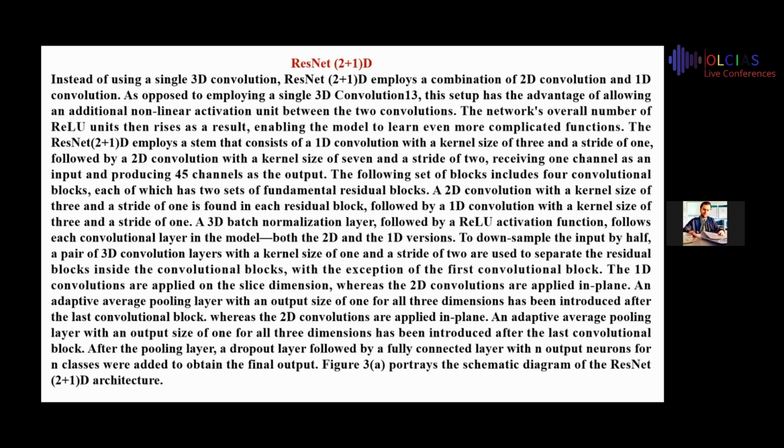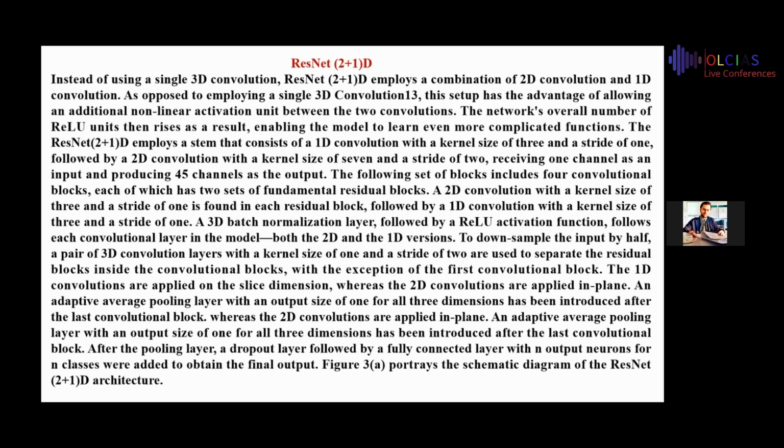The following set of blocks include 4 convolutional blocks, each of which has 2 sets of fundamental residual blocks. A 3D batch normalization layer followed by a ReLU activation function follows each convolutional layer in the model, both 2D and 1D versions. To downsample the input by half, a pair of 3D convolution layers with a kernel size of 1 and a stride of 2 are used to separate the residual blocks inside the convolutional block, with the exception of the first convolutional block.